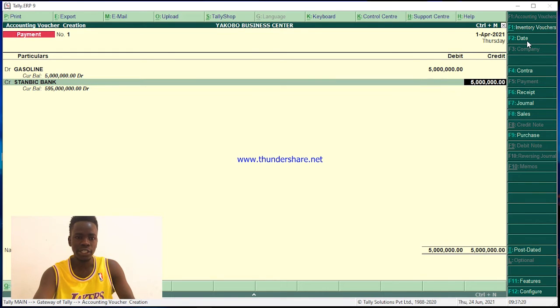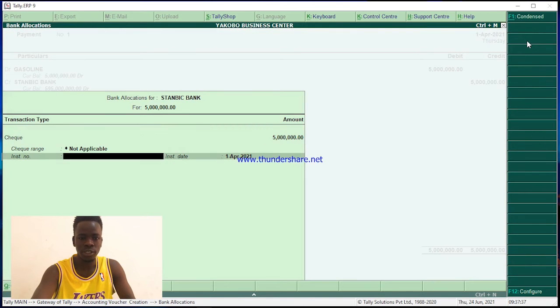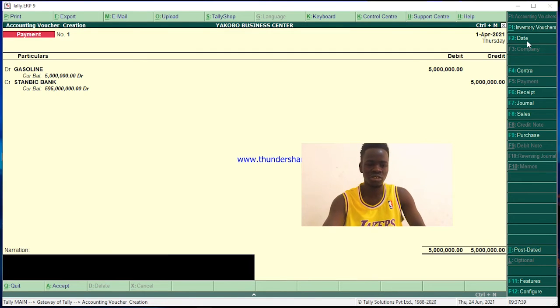When you pay using Stanbic Bank, you see how our money is reducing. We're having 600 million, so we have 595 million right there. So we're going to accept the transaction here. Just write any narration, being payment of gasoline.